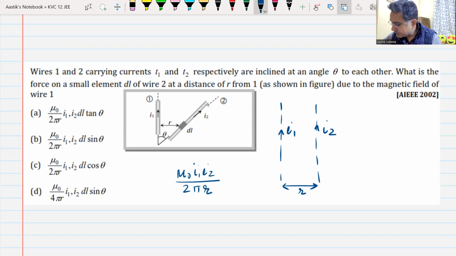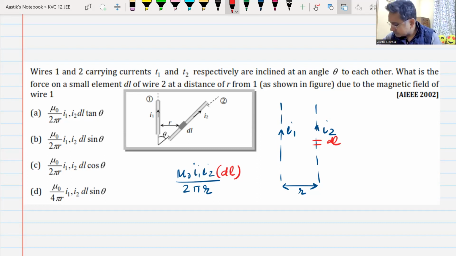Yes, sir. That was when the wires were parallel. And if I want to find out the force on any segment of this wire, let us say of length dl, I will just multiply it by the length of the segment dl. Yes or no?